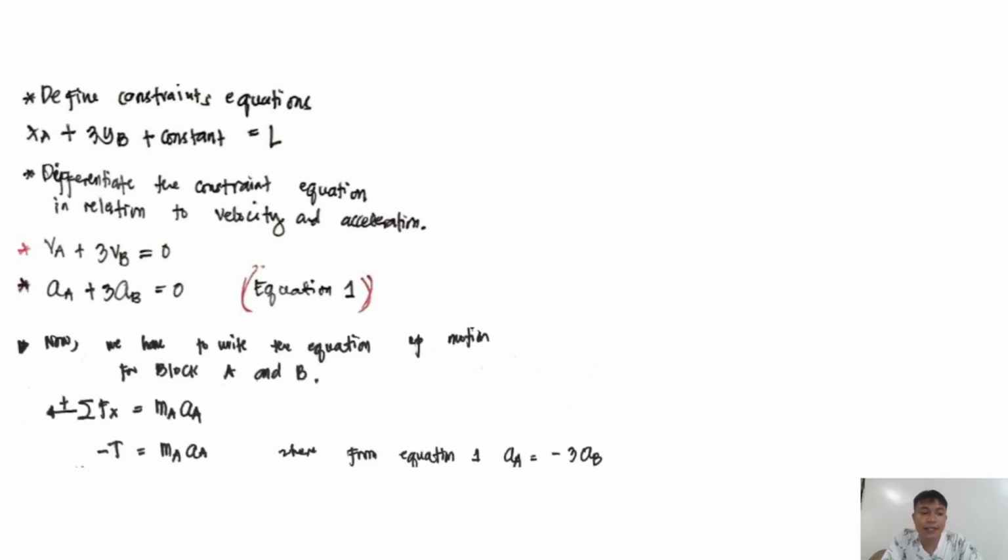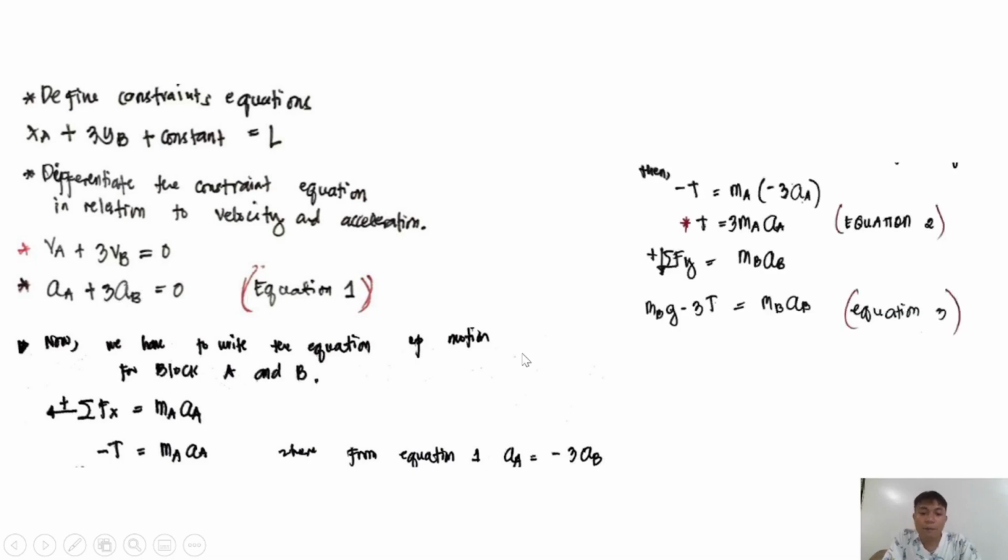As I've said kanina, may tension tayo na papunta to the right, so that is why negative siya. So, we have negative T is equal to MAAA. From equation 1, we know that AA, or acceleration of our block A, is equal to negative 3AB. Ni-transpose lang to siya dito to the right, so that is why we get this equation here.